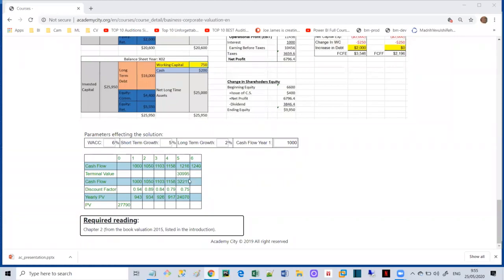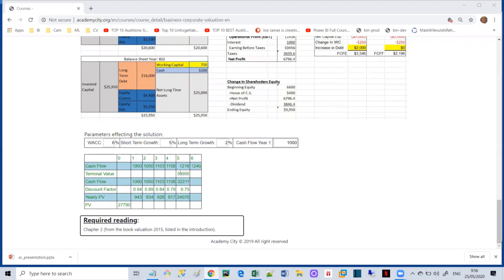This number represents the net present value of future cash flow from year 6 up to infinity. That's why we call it terminal value, in the sense of by the end of the growth period.